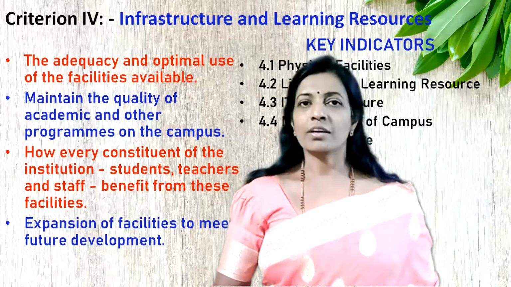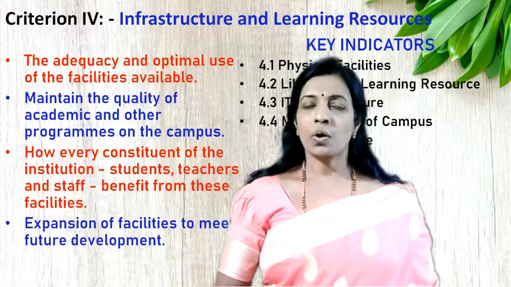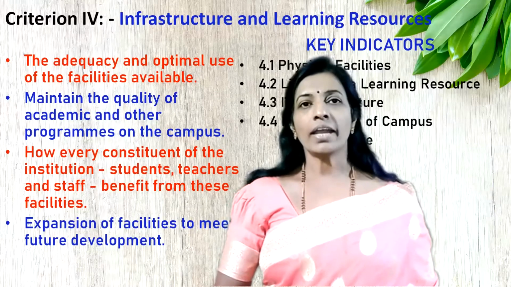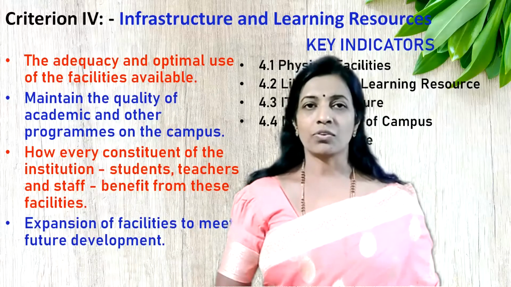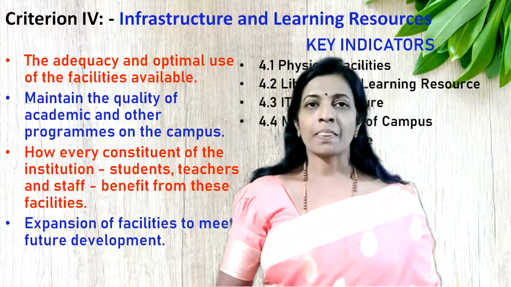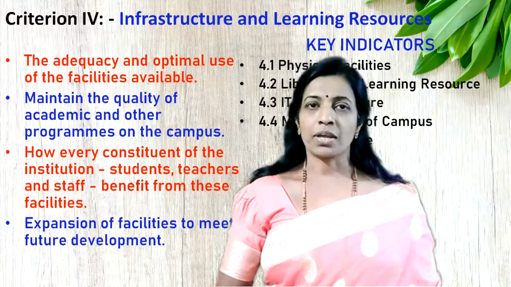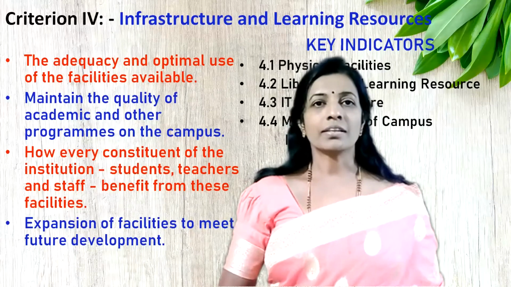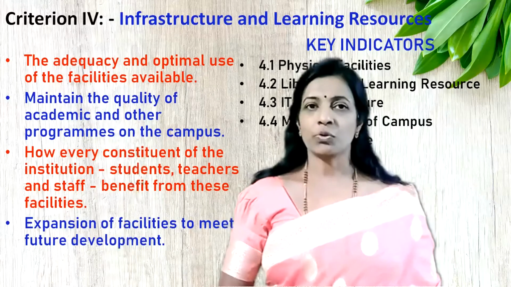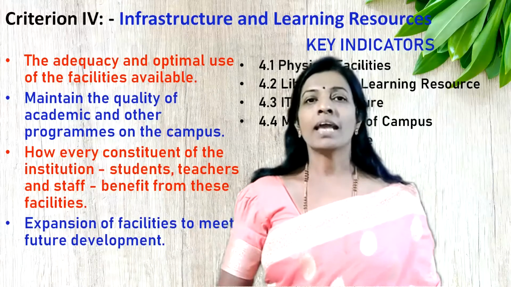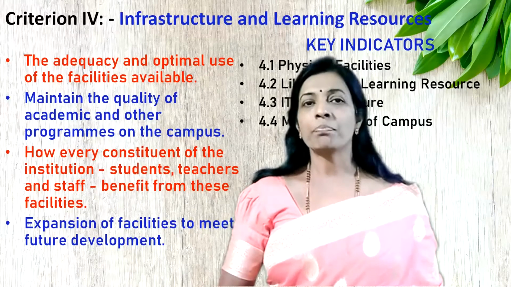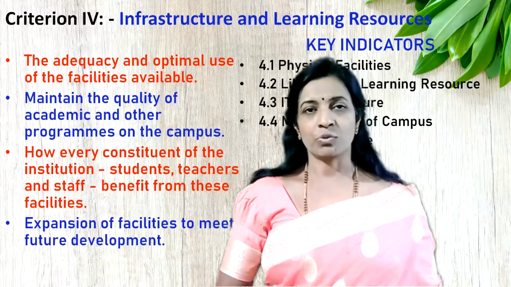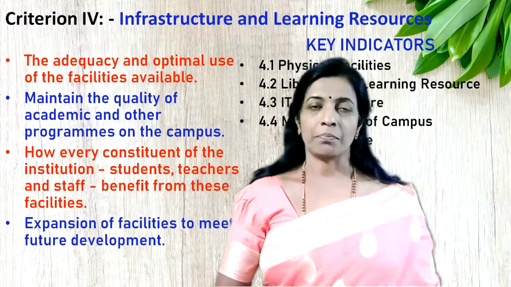This criteria focuses basically on the adequacy of the infrastructure and the optimum utilization of the infrastructure. For any academic program to be implemented successfully, it is necessary that the required infrastructure should be in adequate quantity, as well as proper and maximum utilization of these resources should be taken up.